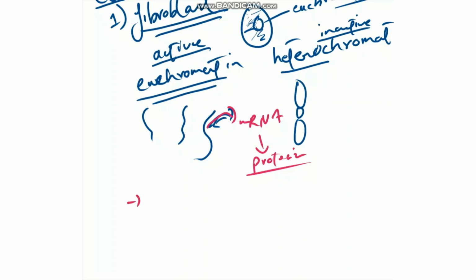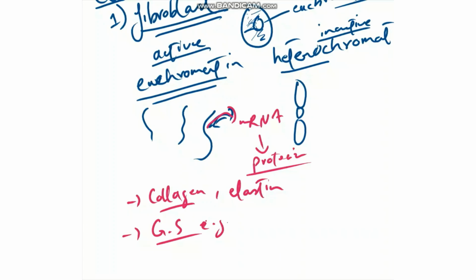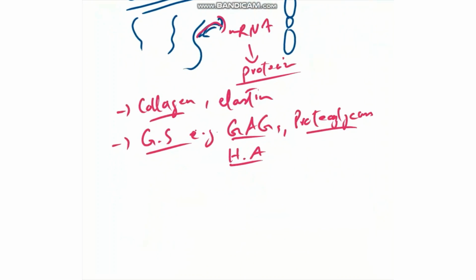The secretions are, for example, collagen and elastin, if it is present, but primarily collagen would definitely be secreted, and the components of the ground substance, for example, glycosaminoglycans and proteoglycans, hyaluronic acid, etc. We'll study what those are in a bit when we go over the ground substance.